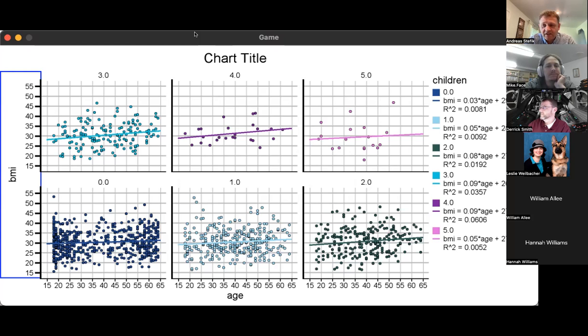Okay. I know I'm taking these charts a little bit slow, but I'm doing that on purpose because they're complicated. This is about as complicated as these charts get. And so it's hard to understand them. 0, 1, 2, 3, 4, and 5, that's the number of children for each spot, gives the color and the value. And if you look at 4 and 5, there's this number there that says R squared.